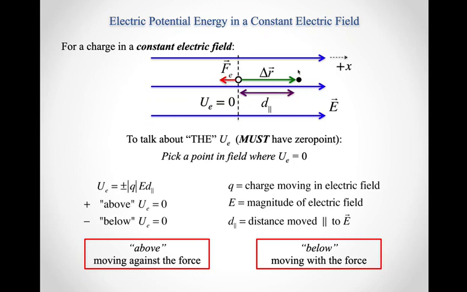In this case, with my negatively charged particle, it's all these points over here to the right that will need the positive sign. Because to get anywhere to the right of my 0 line, I would have had to move against the electric force acting on the particle. So this is the way that we're going to reframe above and below that'll still let us figure out whether or not we need a plus or a minus in calculating the electric potential energy of our charge.